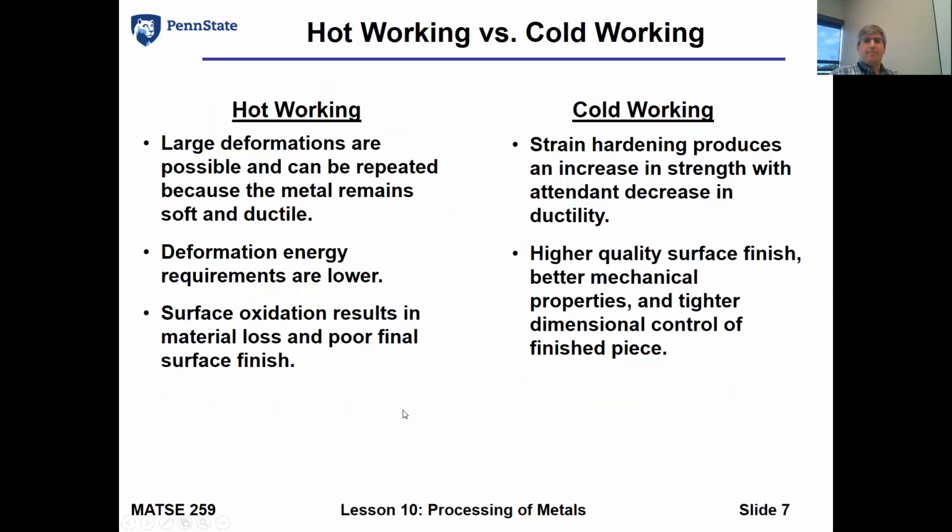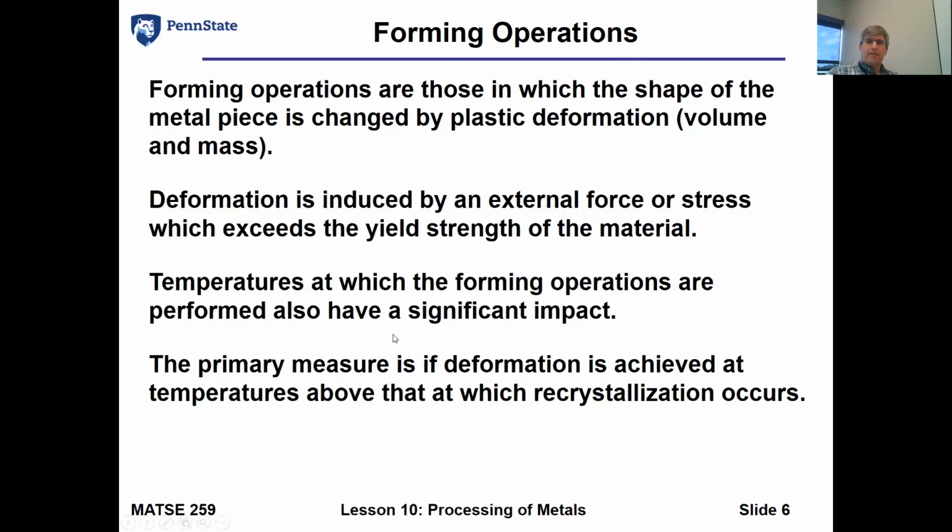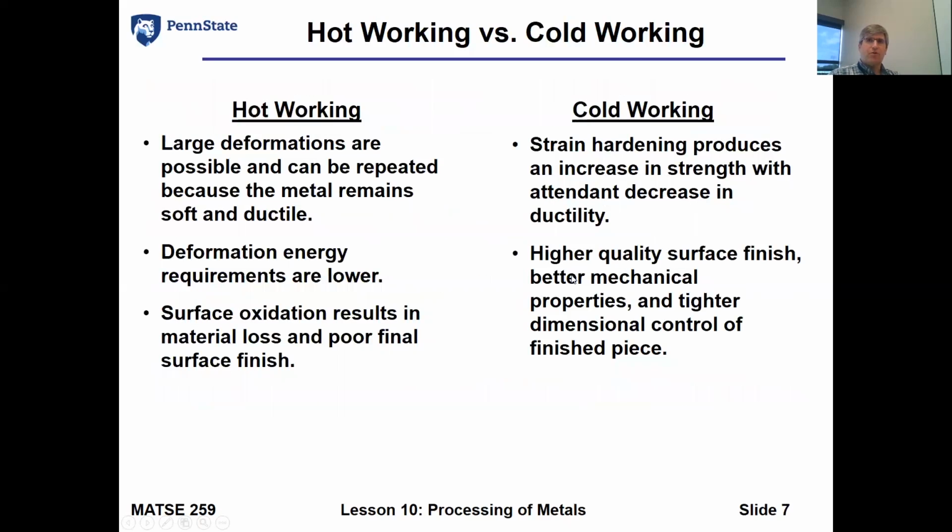And I provided a little bit of a list between the two. And so, we go back to these forming operations. The general look at a forming operation is the difference between this hot working and cold working. Hot working is done at temperatures that tend to be above that recrystallization temperature, but large deformations become possible, and they can be repeated because the metal is still soft and ductile because it's so hot that the dislocations don't build up.